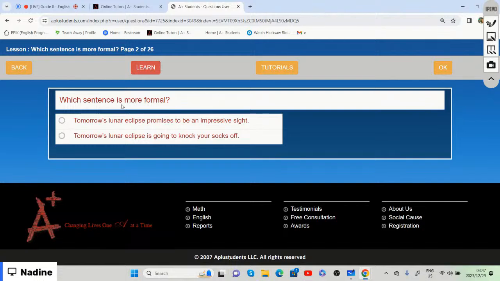We need to say which sentence is more formal. Tomorrow's lunar eclipse promises to be an impressive sight. Or tomorrow's lunar eclipse is going to knock your socks off.